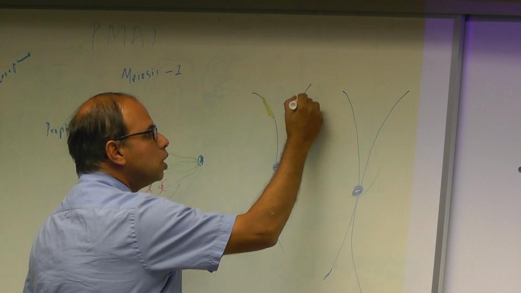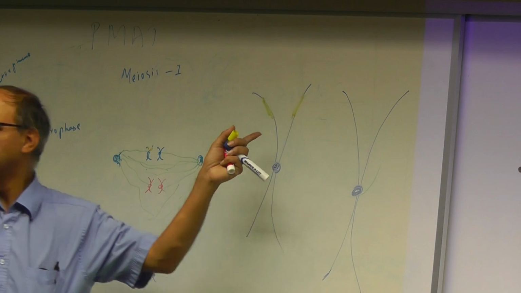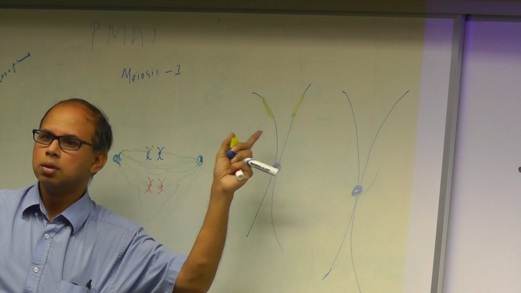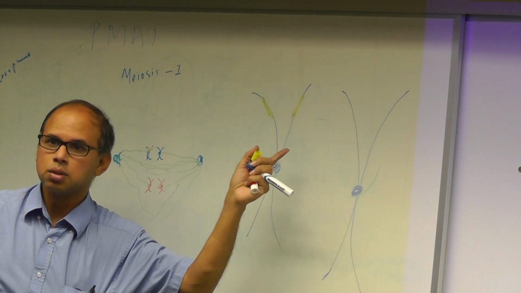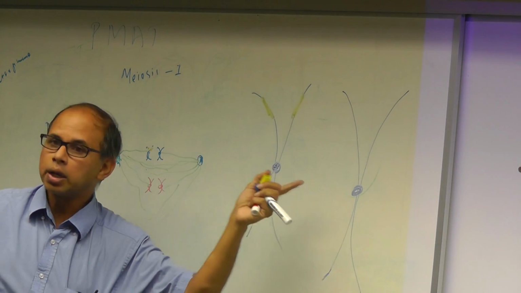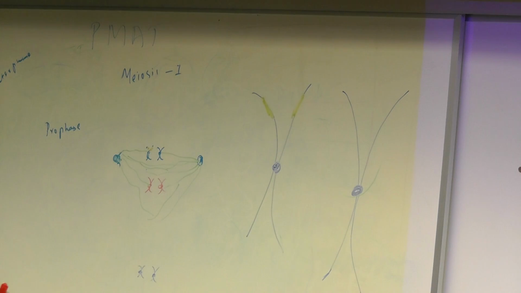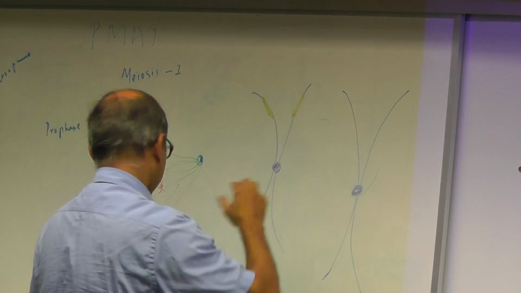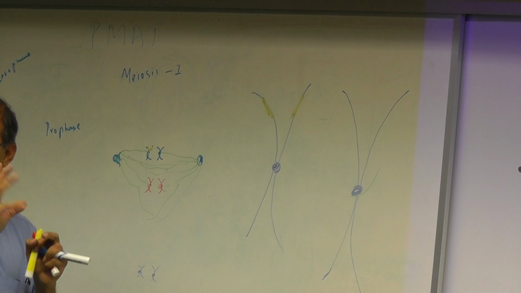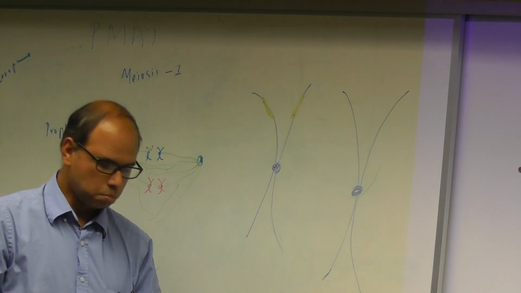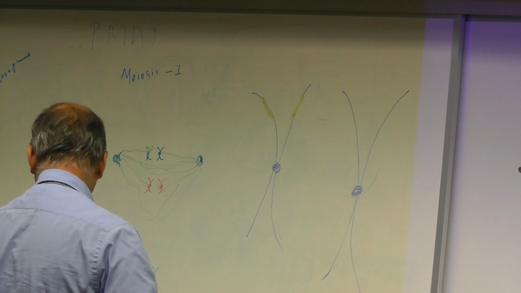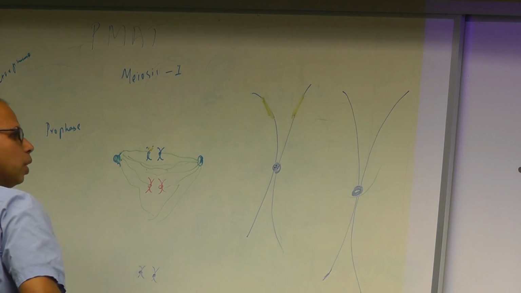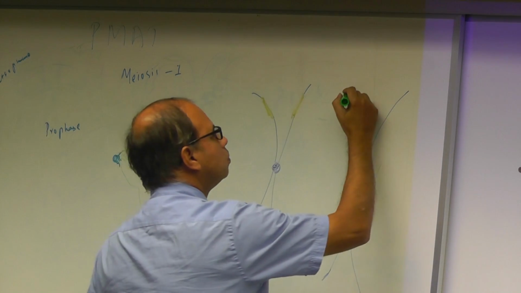Now, these are sister chromatids, so they have exactly the gene in the same place, same exact allele, right? But now, this one, it's a pair, right? It has the same genes, but this one says, let me get another color.